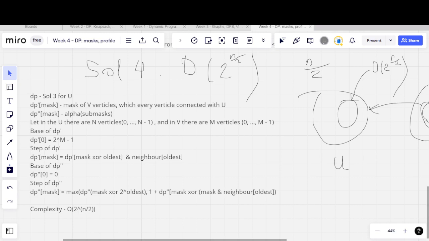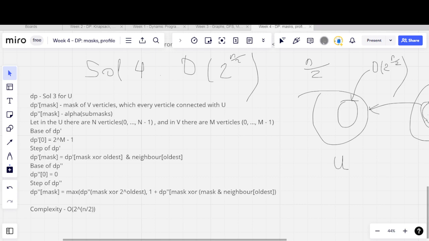You just take one and shift it to the n, and you take the mask of the subgraph of this graph, if you have only n vertices. No, only the vertex that is n. Oh okay.